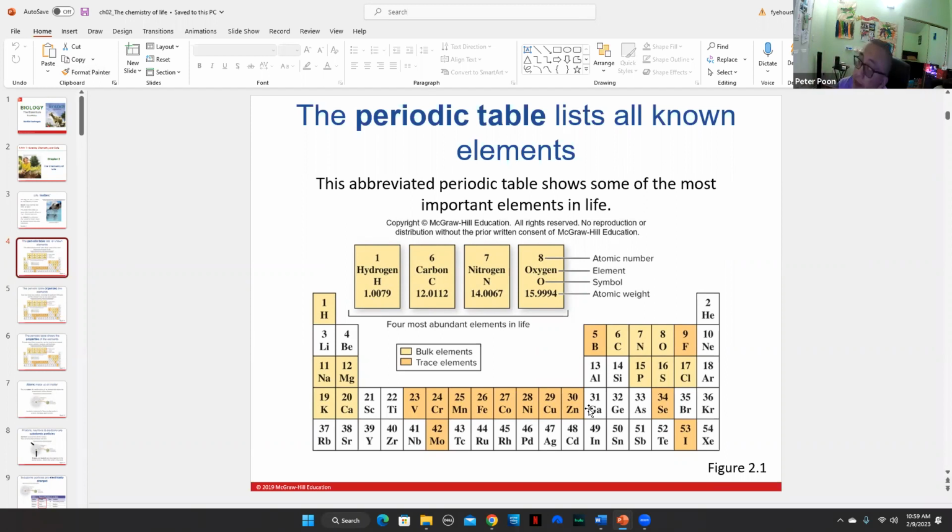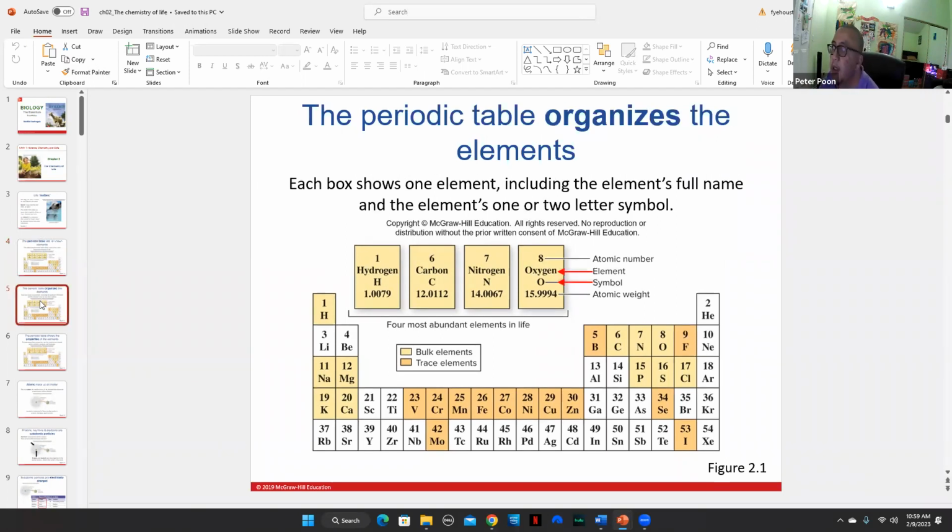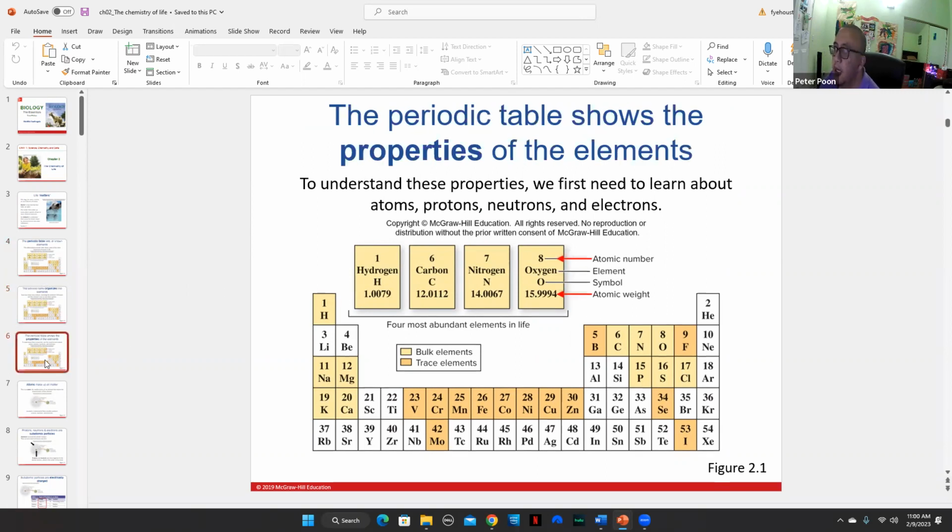These four make up about 96% of all the atoms that are in your body. Each box in the periodic table lists the atomic number, the element, the symbol, and the atomic weight.